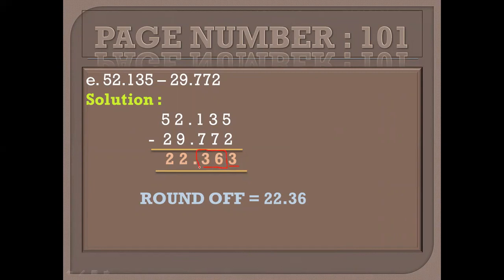It means that we cannot give increase of 1 in the previous number. The number will be unchanged. 36 will be the same. Answer becomes 22.36.